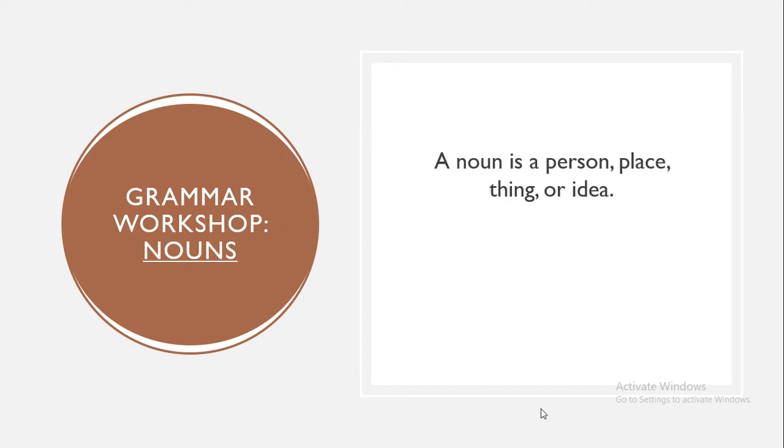For example, a common noun would be friend, but if you wanted to make that a proper noun, you would then give it a specific name. So instead of friend, you may say Susan, and that would make it a proper noun. Same with restaurant is a common noun, but to make it proper, you may say Canes.